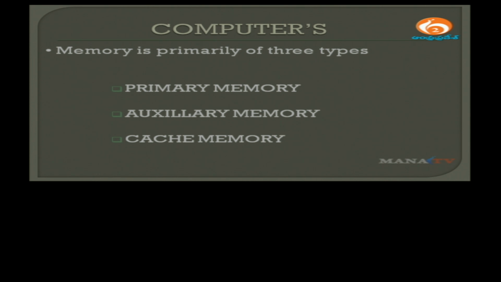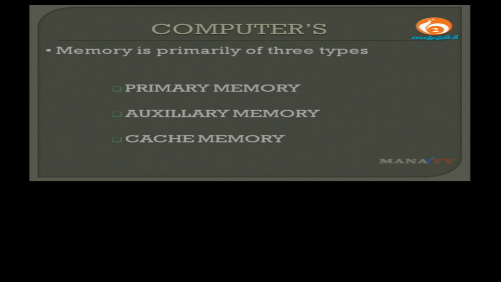Well, memory is primarily of 3 types: 1, primary memory, 2, auxiliary memory, 3, cache memory. So, these are the 3 kinds of memories that you have to remember when I am talking about the memories of the computer. Alright.